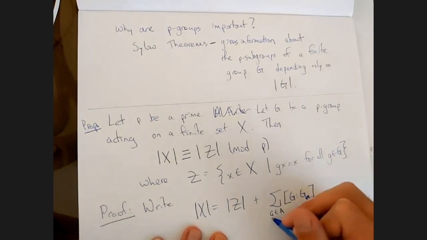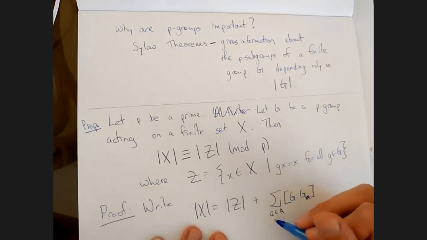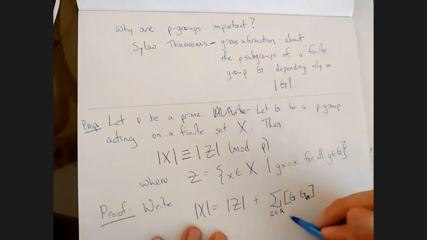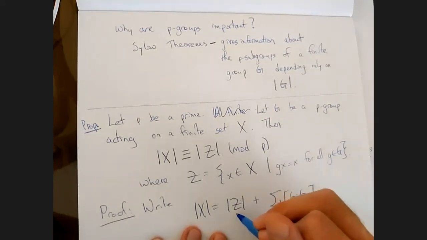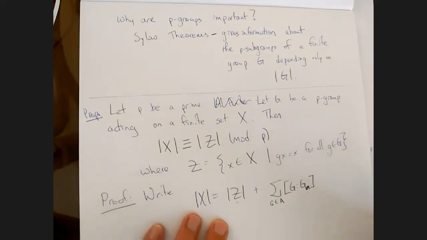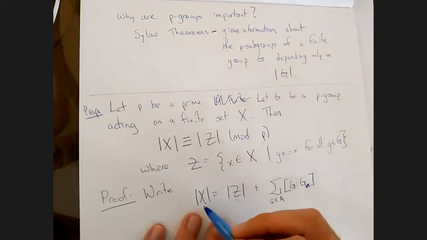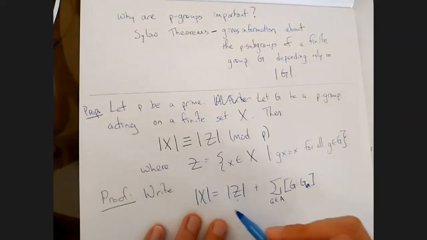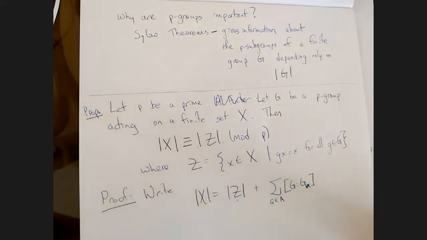We have the sum over representatives of the different orbits. And then here we have all the trivial orbits gathered up into Z. And this equation just says that X is partitioned into a bunch of different orbits.